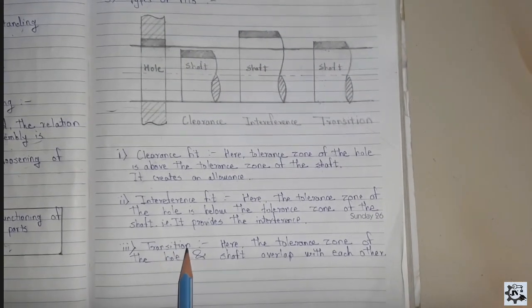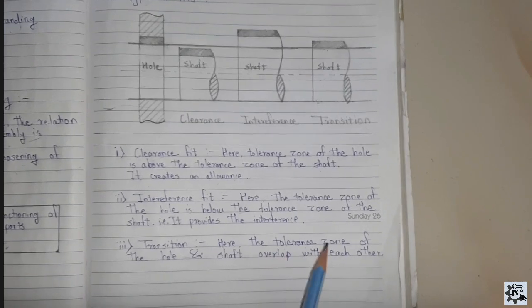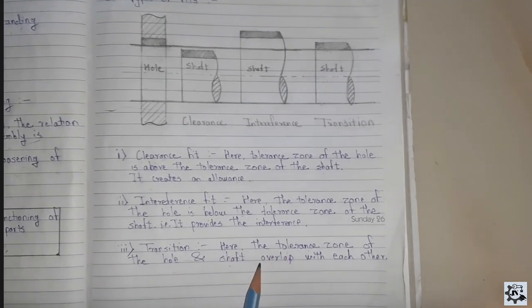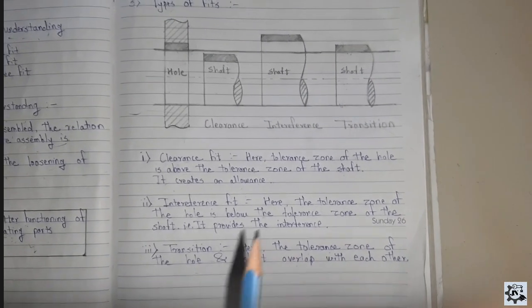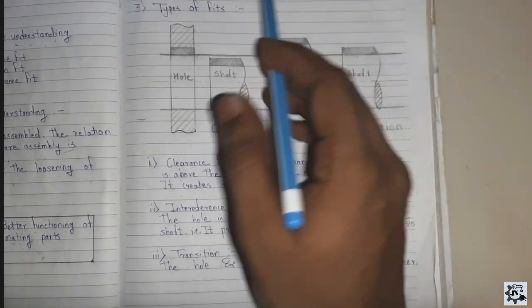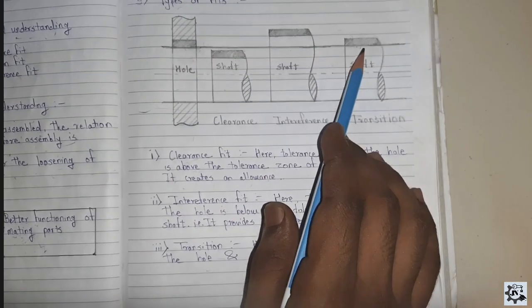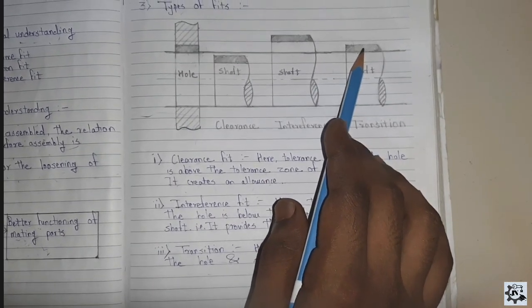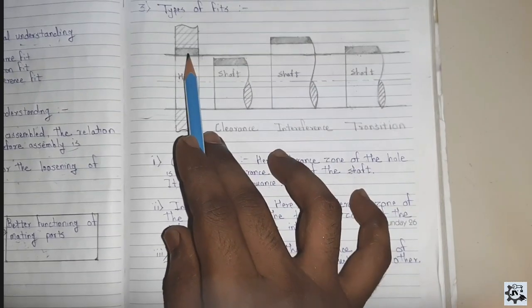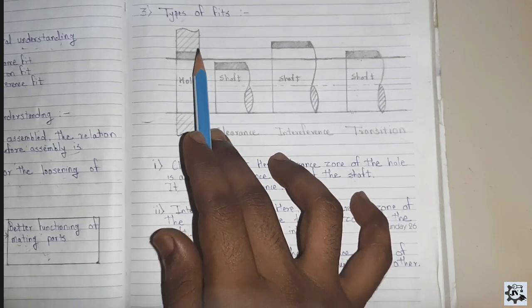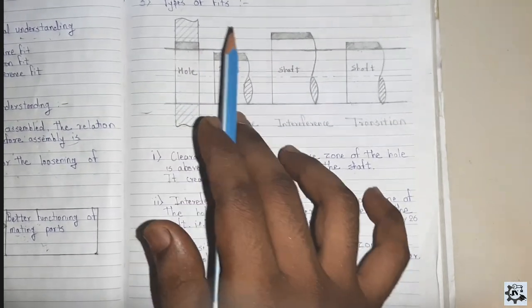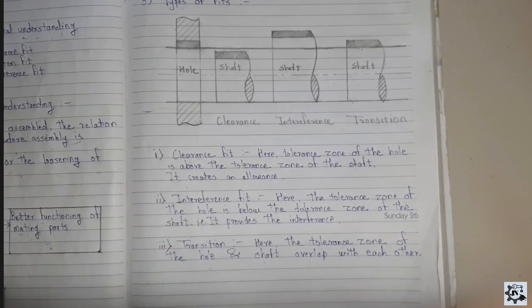Third is transition fit. If the tolerance zones of the hole and shaft overlap with each other, then it's called transition fit. You can see here the tolerance zone of the hole and the tolerance zone of the shaft are exactly in line with each other. That's why it's called the transition fit.